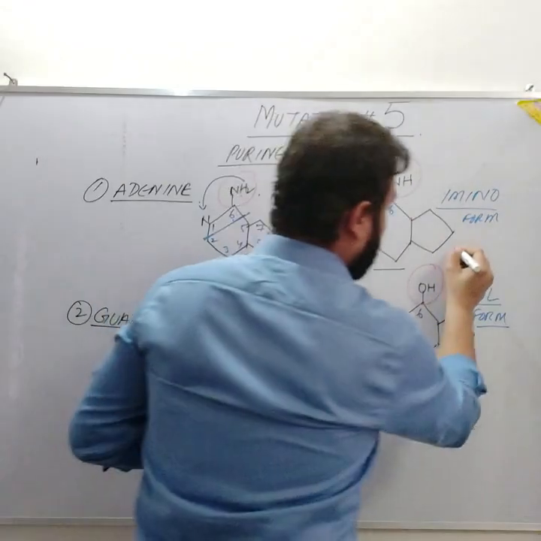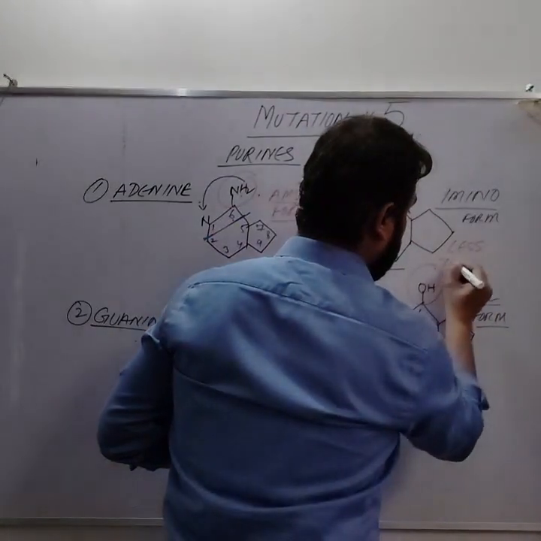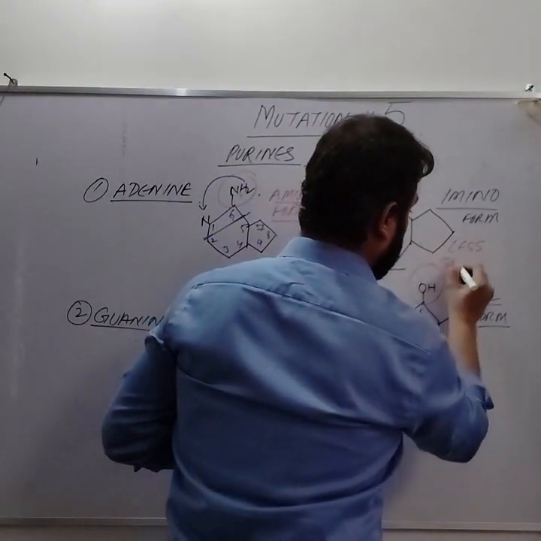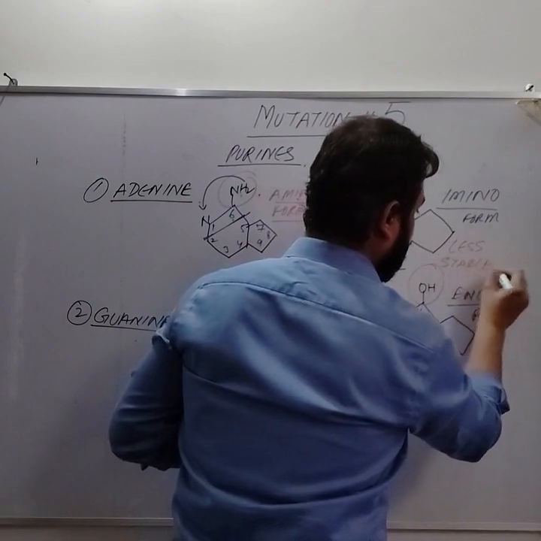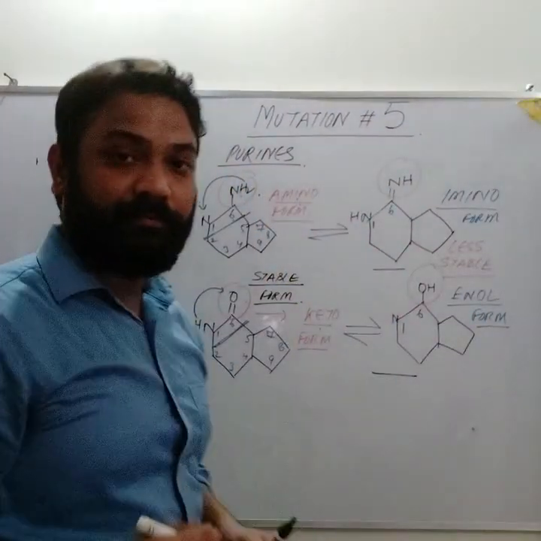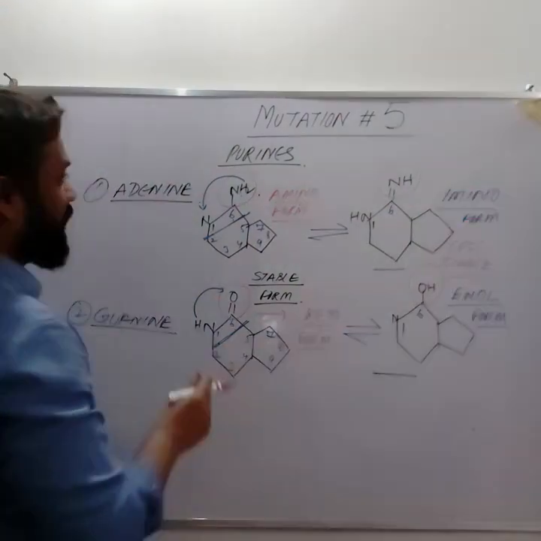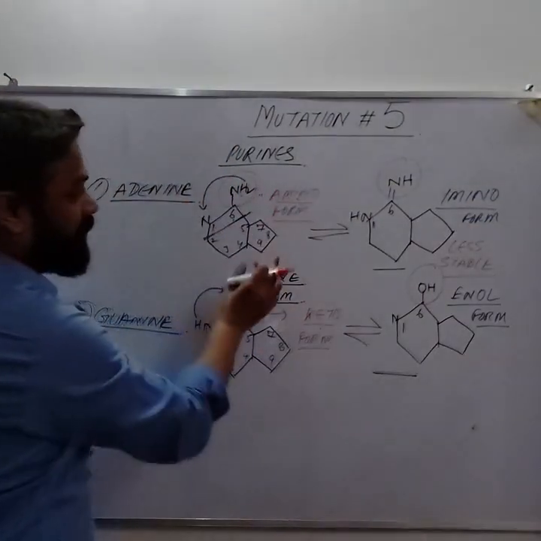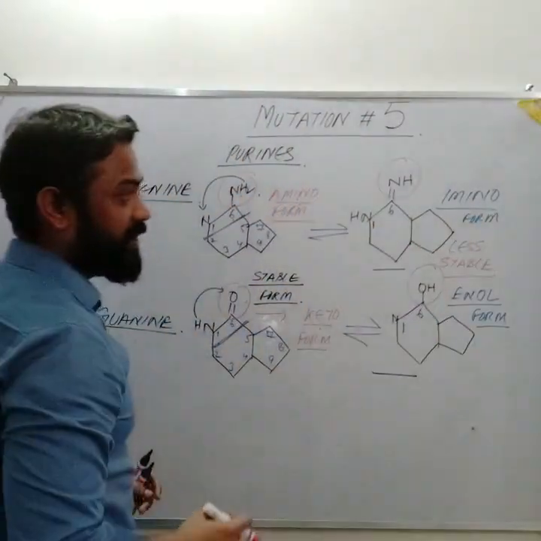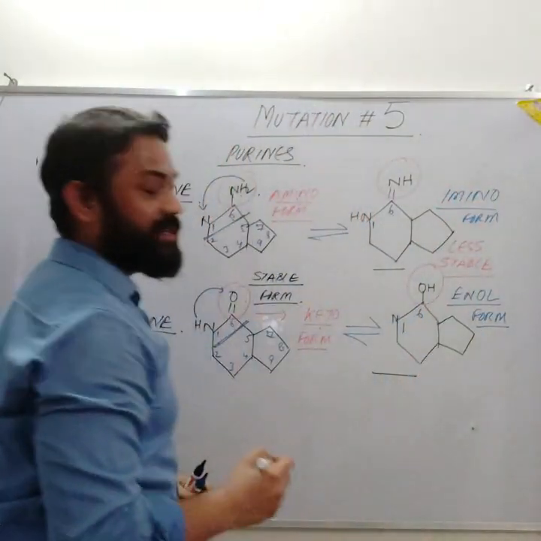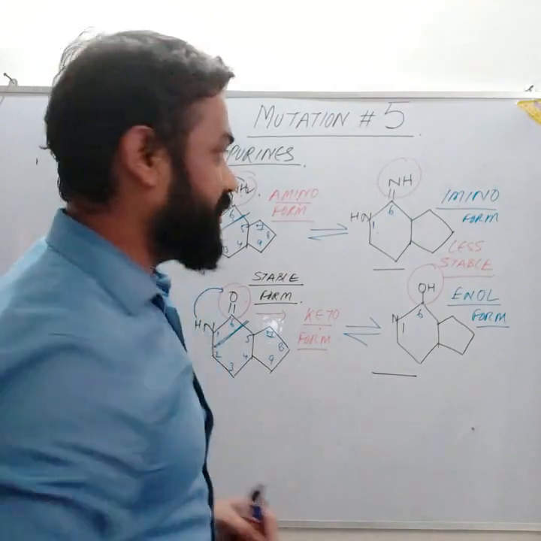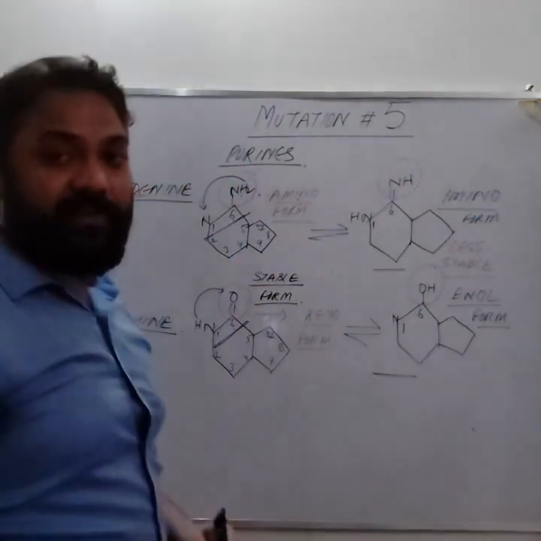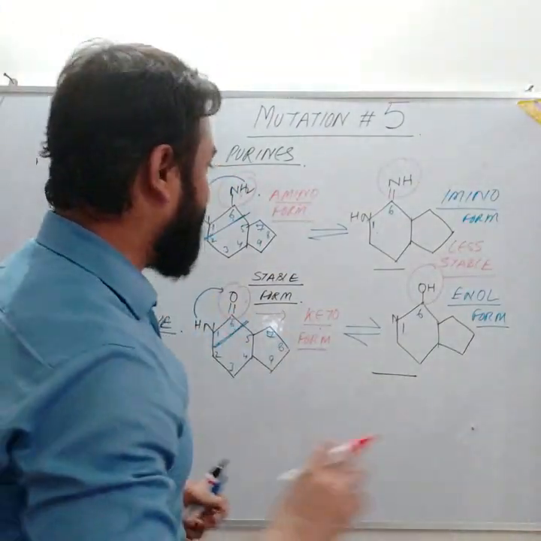And these two forms are less stable. Because of tautomeric shift, adenine has changed its structure a bit and this imino form is less stable. So this happens when tautomeric shift, or change in the structure, occurs.